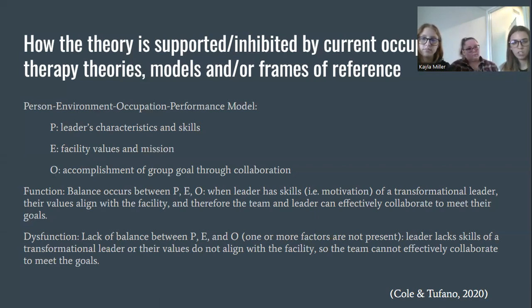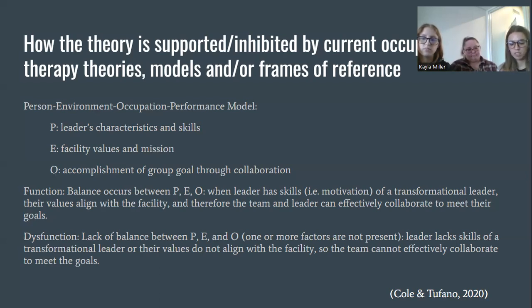And then dysfunction is a lack of balance between the P, E, and O. It can be one or more factors that aren't present. It's just dependent on the situation. In relation to this leadership style, the leader lacks the skills of a transformational leader, or their values do not align with the facility, so the team cannot effectively collaborate to meet the goals.